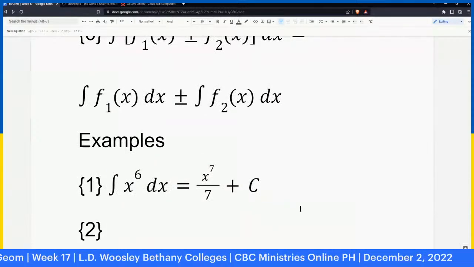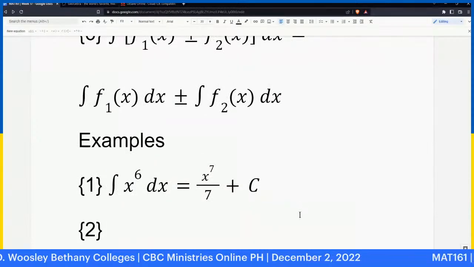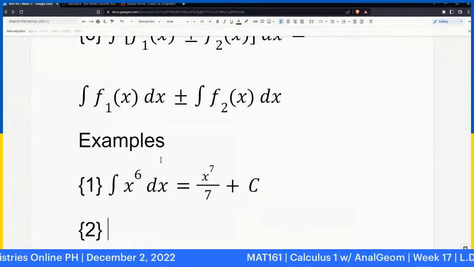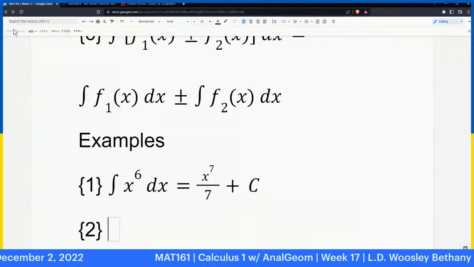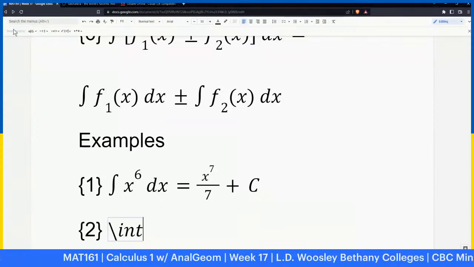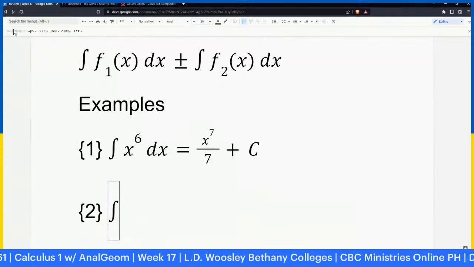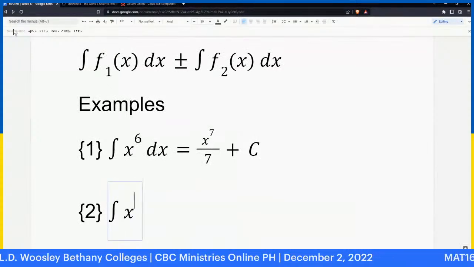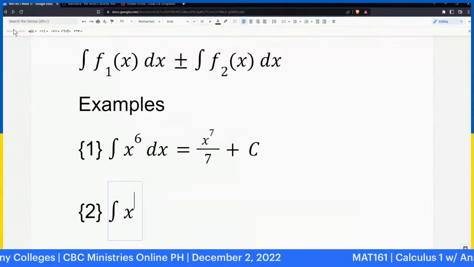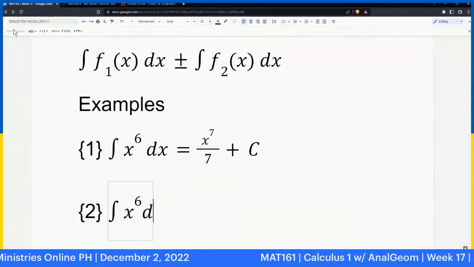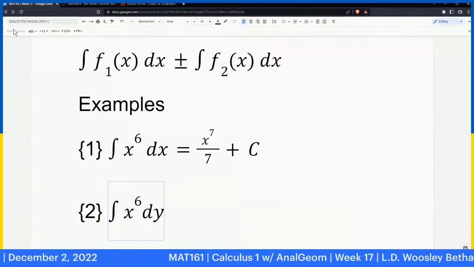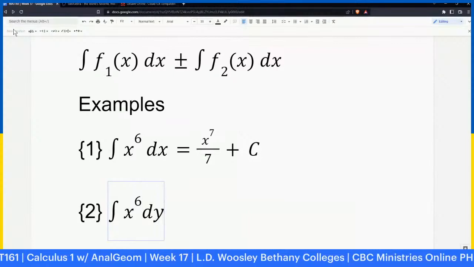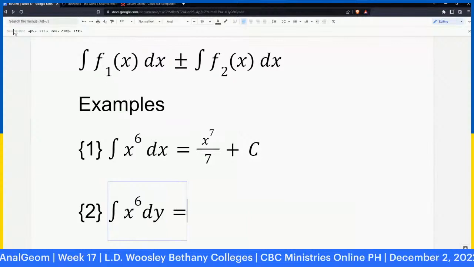Okay, Gian, your turn. What if I change the differentiable variable? Same function, but different variable, dy. Anyone among you could answer?